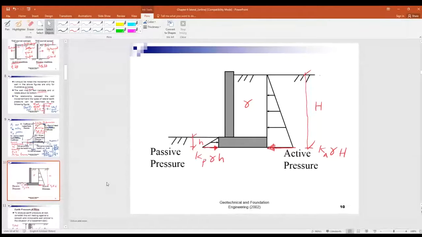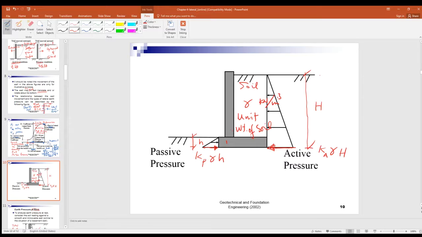Now here comes the calculation. What's gamma? That is the soil, right? Gamma is what? Unit weight of soil, okay? So what is the units? kN per cubic meter, right?